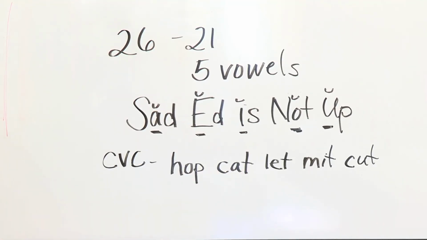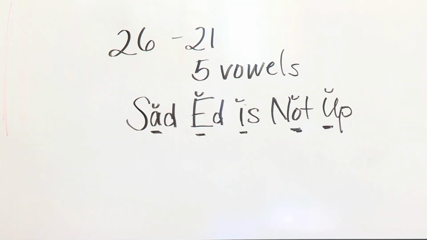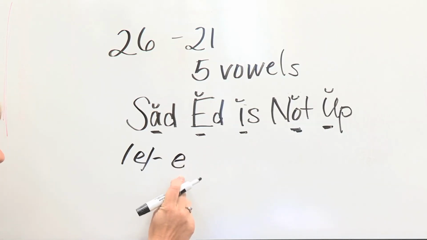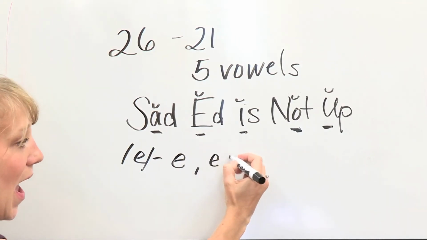Okay. Going back to short E, the short E sound can also be made another way, which we call a grapheme. The grapheme is the written representation of the phoneme. So the letter E is a grapheme for the short E sound, but it can also be the letters EA.